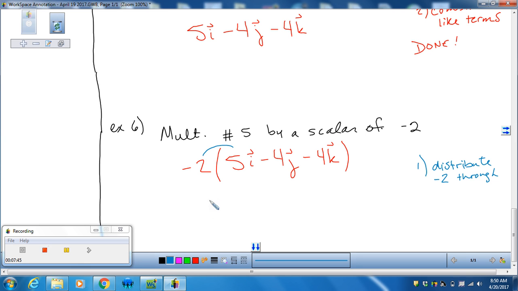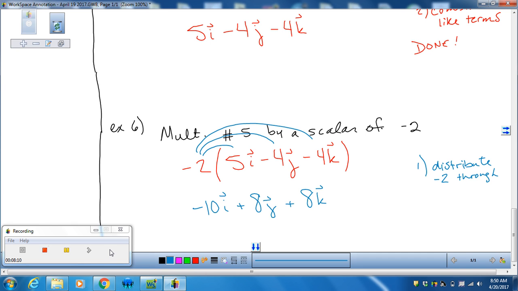So negative 2 times 5i is going to give me negative 10i. Negative 2 times negative 4j is going to give me a positive 8j. And then lastly, negative 2 times negative 4k is going to give me a positive 8k.